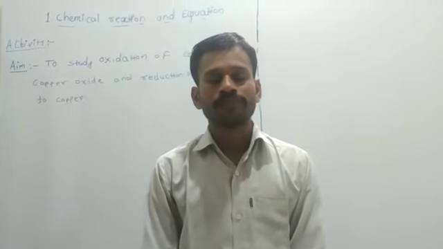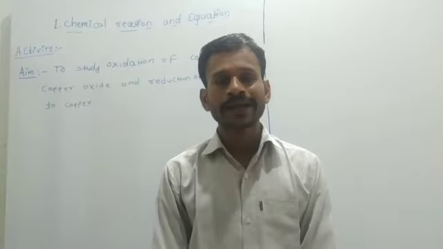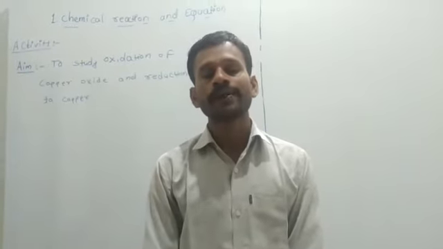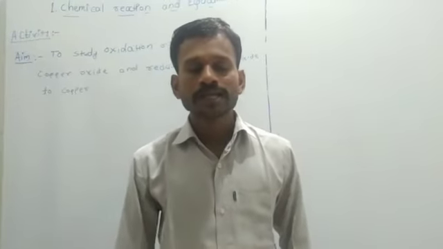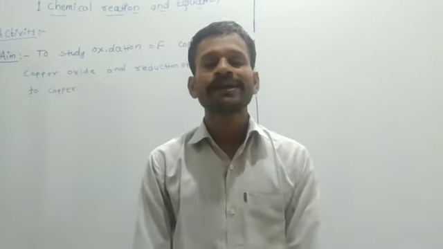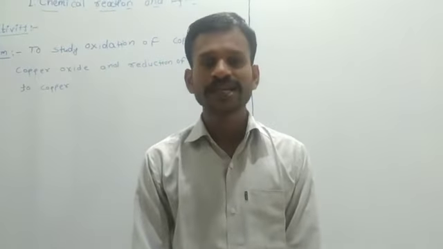Dear student, we already started one type of chemical reaction last time. The name of the reaction is oxidation and reduction. In the last class, we defined oxidation, reduction, oxidizing agent, reducing agent, and redox reaction.